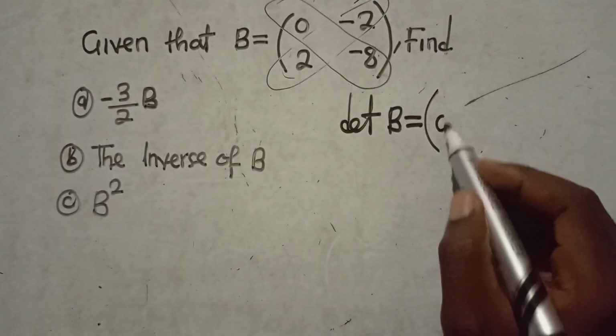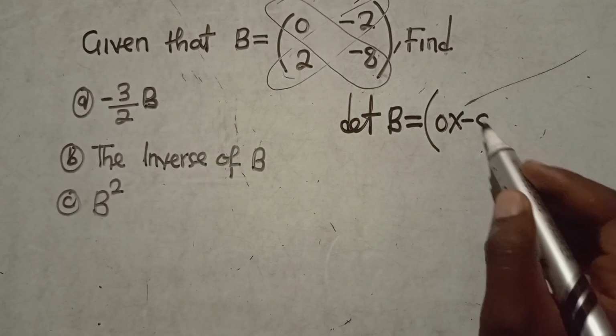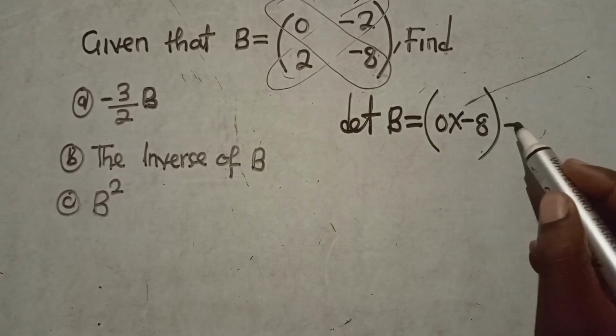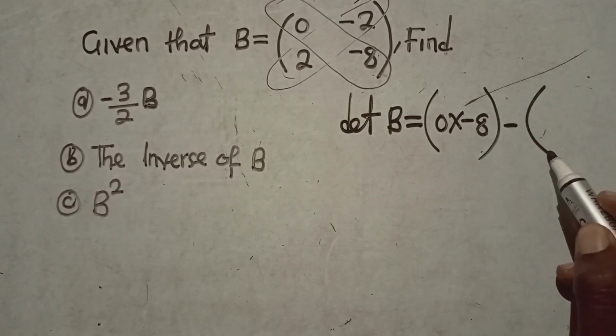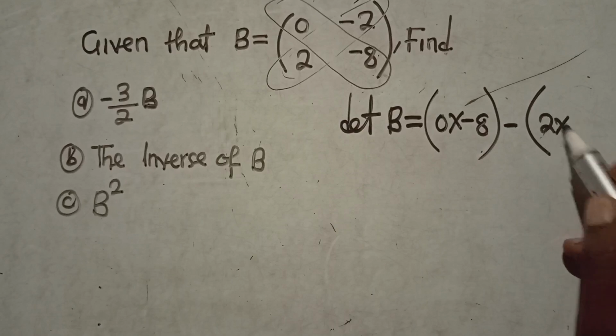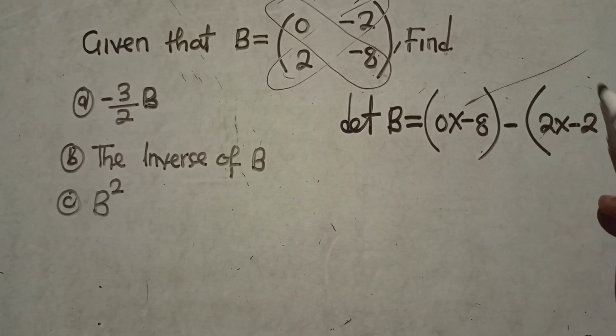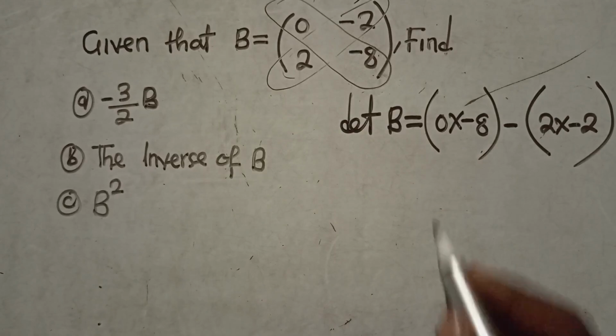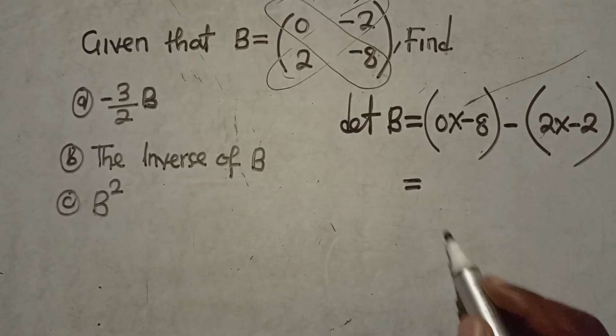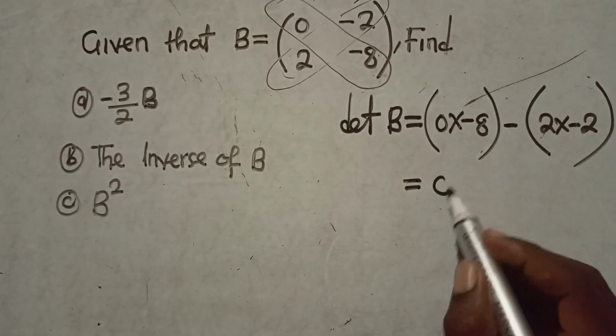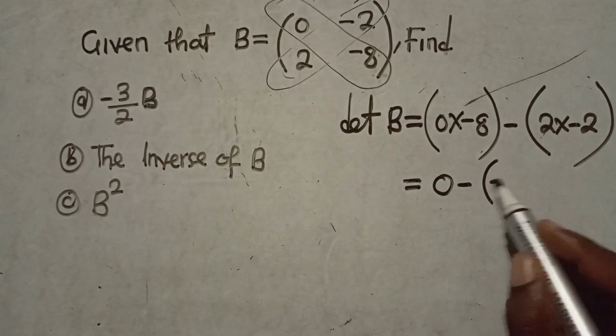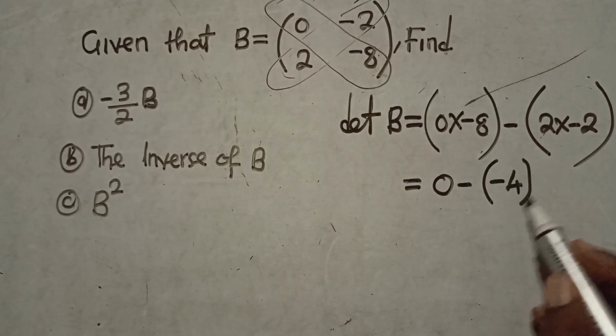We get 0 times negative 8, then minus minor diagonal, we've got 2 times negative 2. This is what you are supposed to do. What answer are you going to get? There you get 0 minus, there you are going to get negative 4.